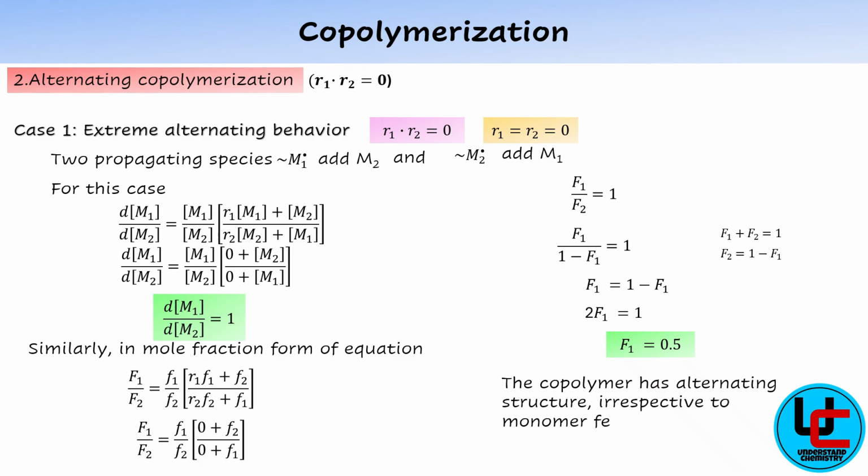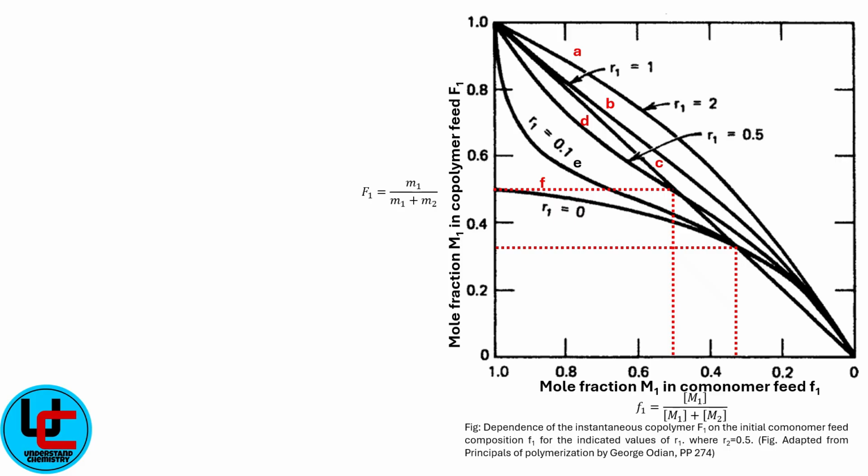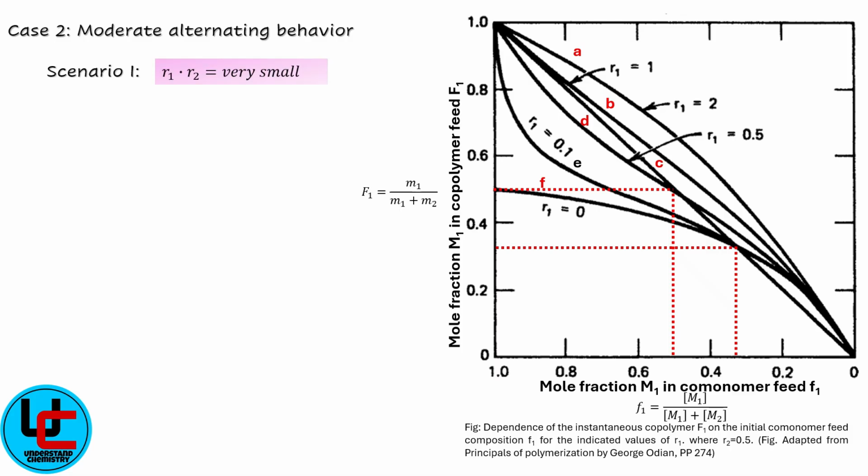There are some situations where alternating behavior occurs, but the monomers are not arranged in a perfectly alternating manner. Some textbooks refer to this behavior as moderately alternating. In this context, consider case 1, a condition where the product R1 R2 is very small and approaches 0, while both R1 and R2 are much less than 1.